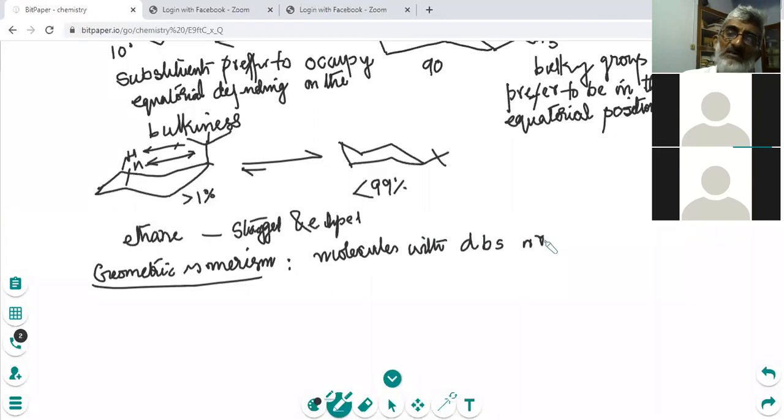I think we discussed this before. Anyway, molecules with a double bond or ring: if the groups are on the opposite side, it is called trans. If they are on the same side, it is cis. The trans compounds will not have a dipole moment.